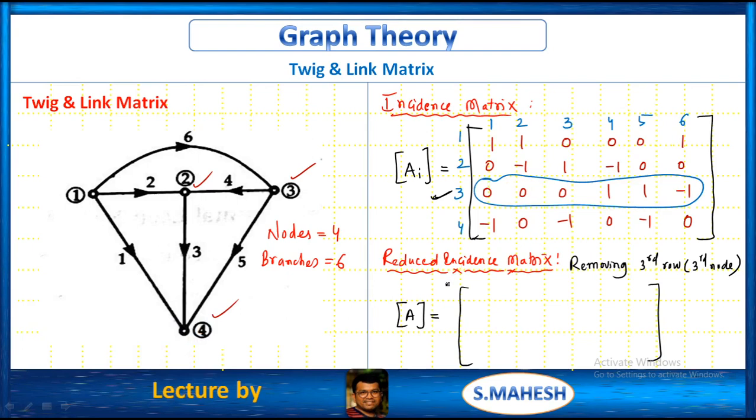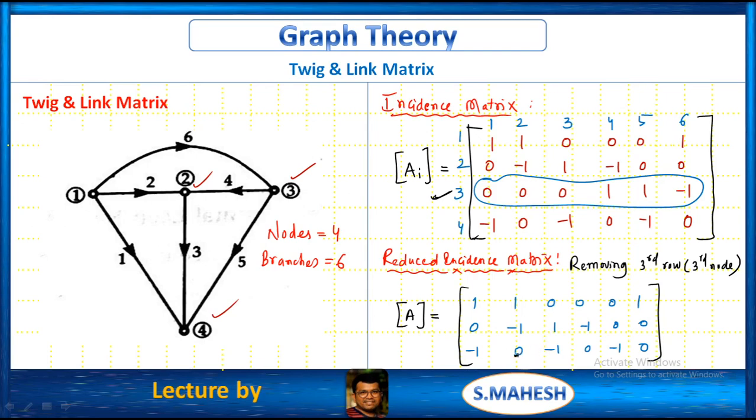Therefore: 1 1 0 0 0 1; 1 1 0 0 0 1; next 0 minus 1 1 minus 1 0 0; like that, minus 1 0 minus 1 0 minus 1 0. That's it. The reduced incidence matrix is completed.